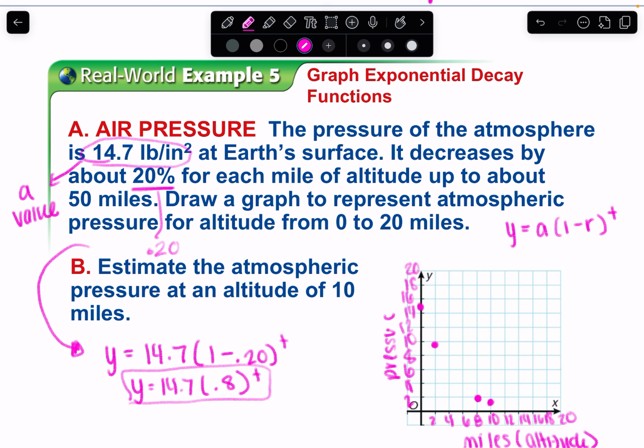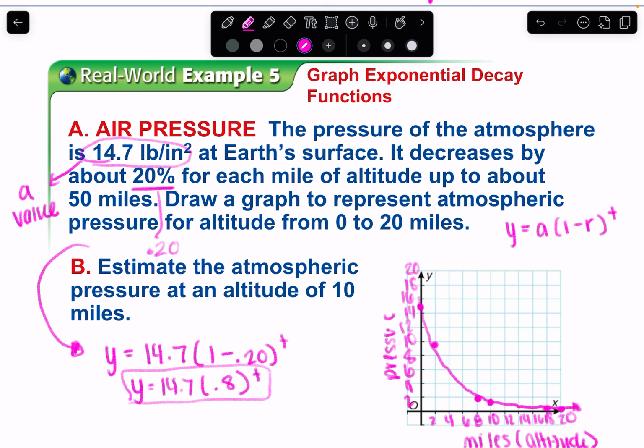And then if you were to plug in 18 and 20, you're going to get extremely close to 0, but not touch 0, is what these problems are going to look like. Similar to what we've been doing. So it's never going to cross 0 or touch 0. It's just going to get really, really close to 0 whenever you plug them in. So that's what your graph would look like.